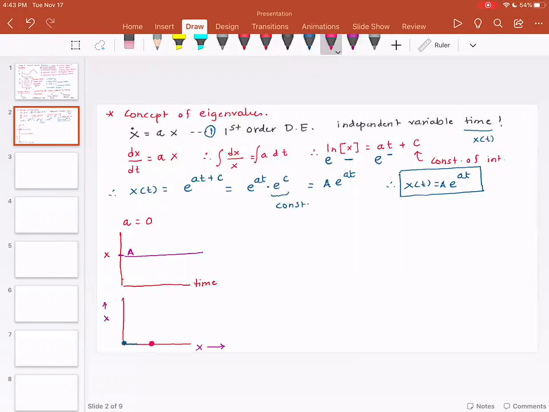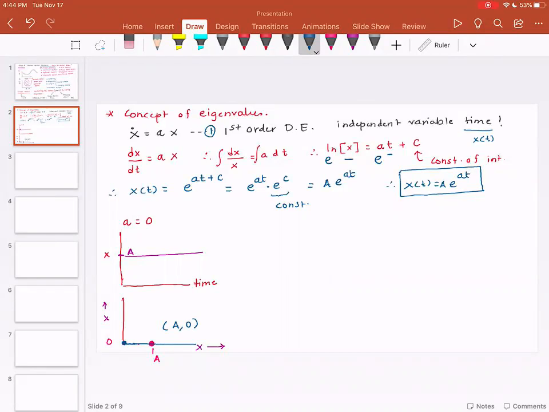If A is non-zero, it's going to be here. If A is somewhere here, you're going to have A and you're going to have 0. So it's just going to be one spot. So depending upon the value of A, just to make it clear, this is the point A comma 0.